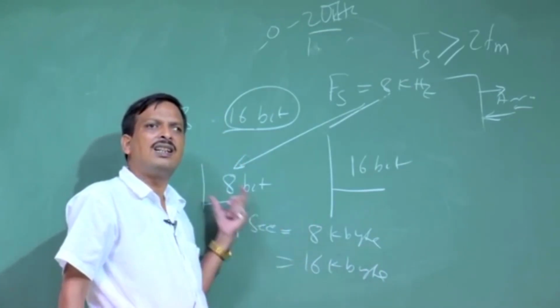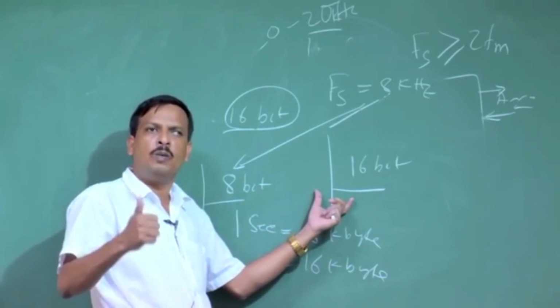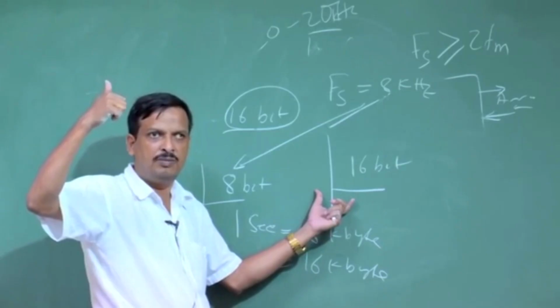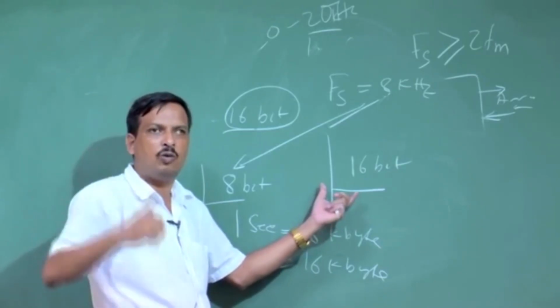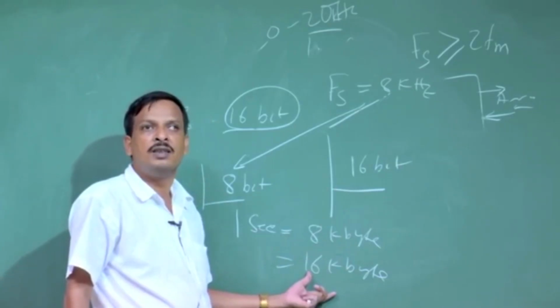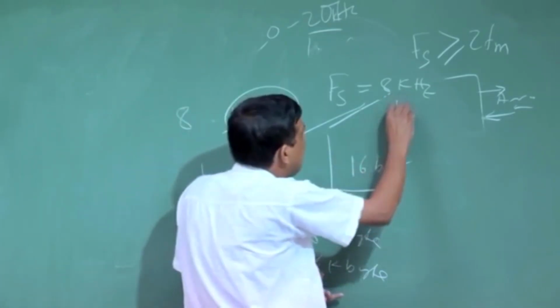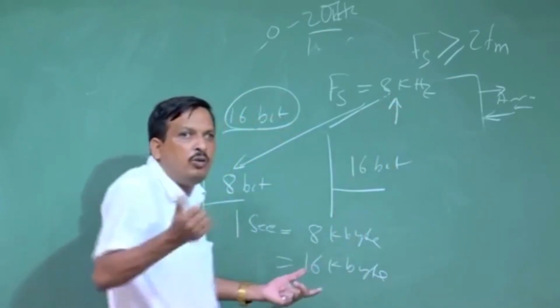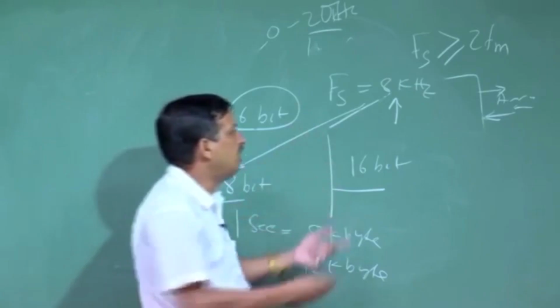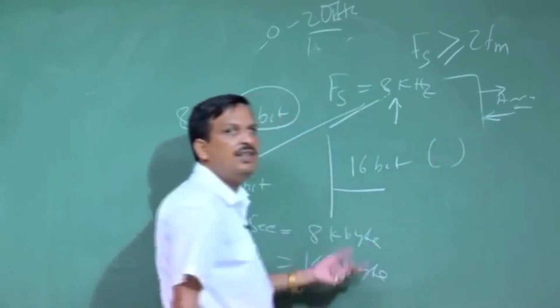So, once I increase the quantization level, my signal to noise ratio increases, that means quantization error decreases, but my memory size increases. Similarly, once I increase the sampling frequency, the accuracy of the digital signal increases, but the size of the file also increases.